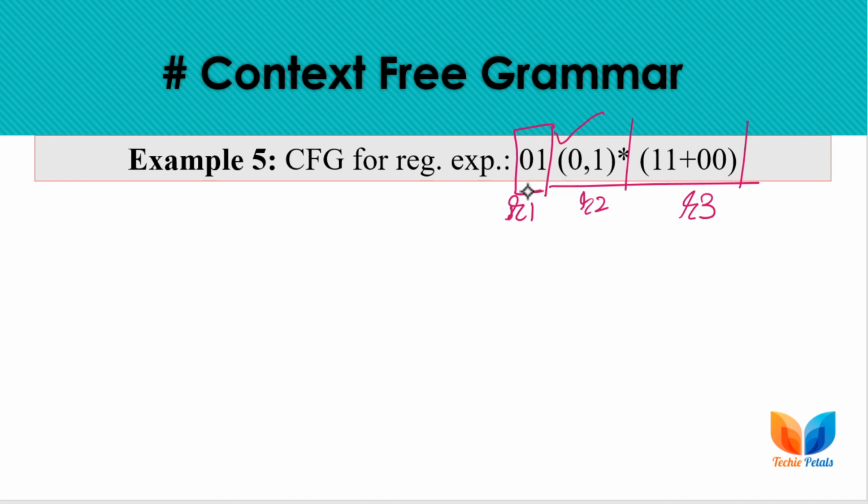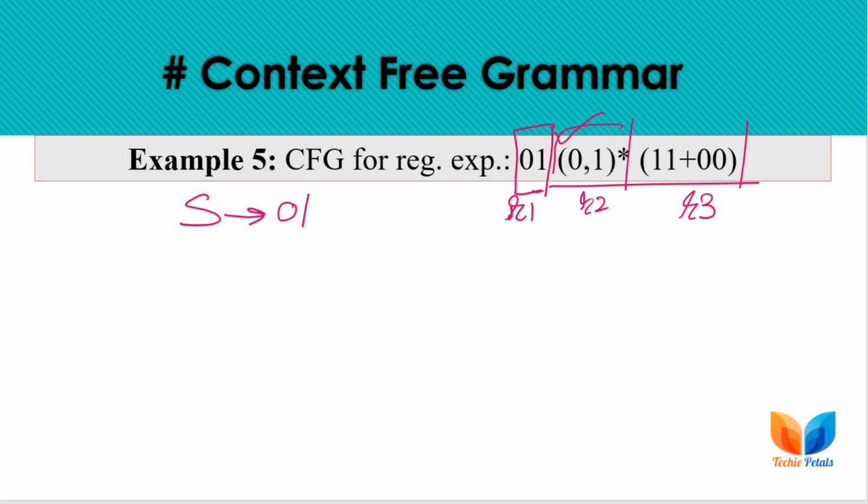So R1 is fixed. While writing the production rules, we write the fixed portion directly, meaning we derive the fixed portion directly from the start symbol. So we write it here as 0 1.